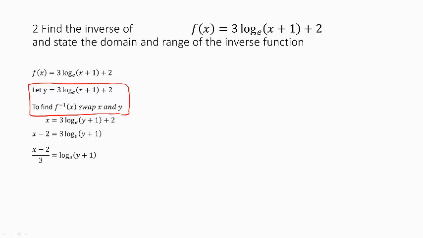We're going to raise that to the power. So when we raise it, the base stays the same, what was inside the log comes outside, and what was on the other side of the equal sign becomes a new power.